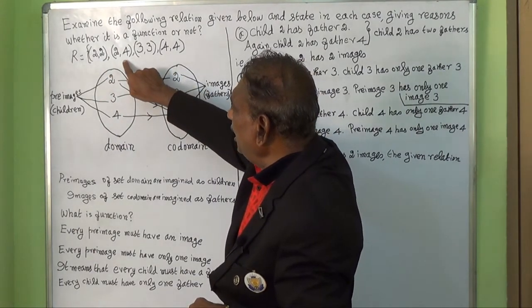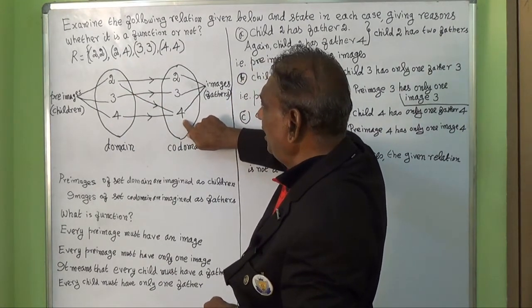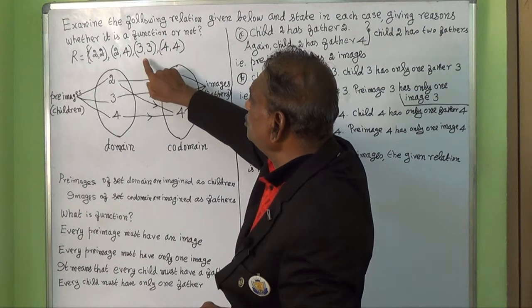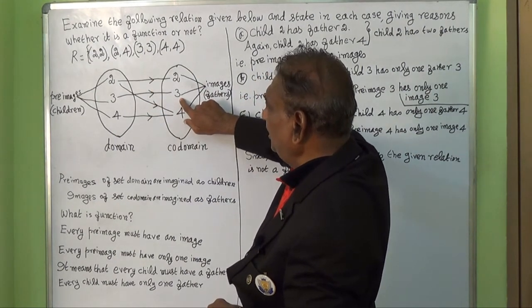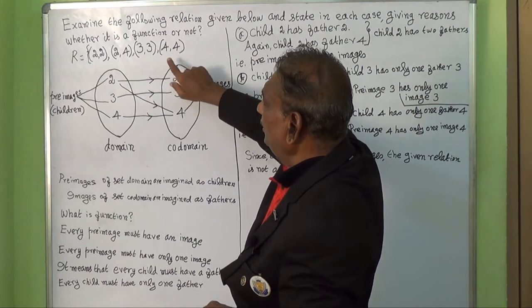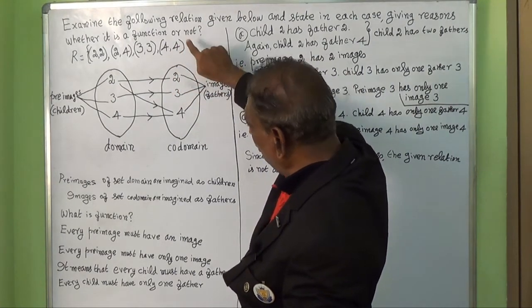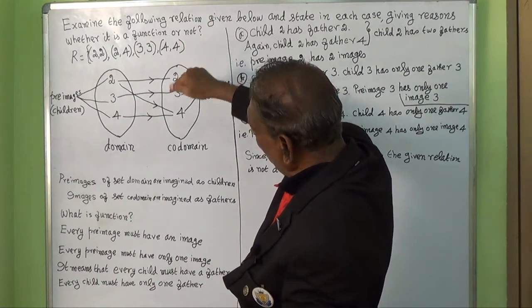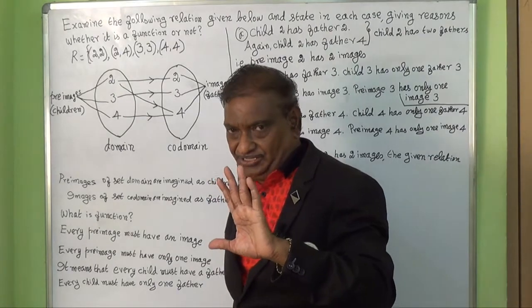In the second ordered pair, the second element is 4. It is written here. In the case of the third ordered pair, the second element is 3. It is written here. Then in the case of the fourth ordered pair, the second element is 4. The 4 has already been written, so we need not write it again.